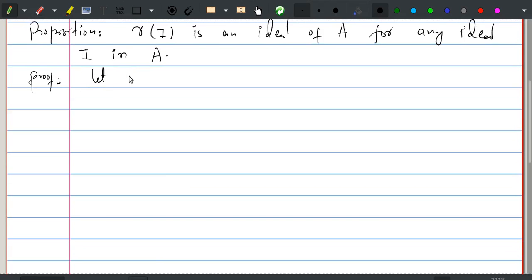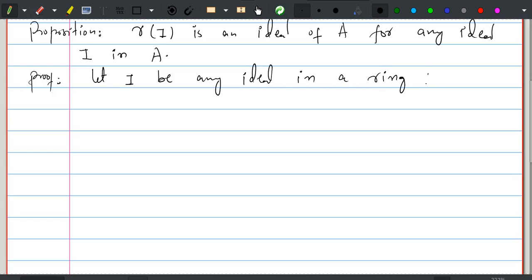So let I be any ideal in a ring A, and let pi from A to A mod I be the canonical projection.